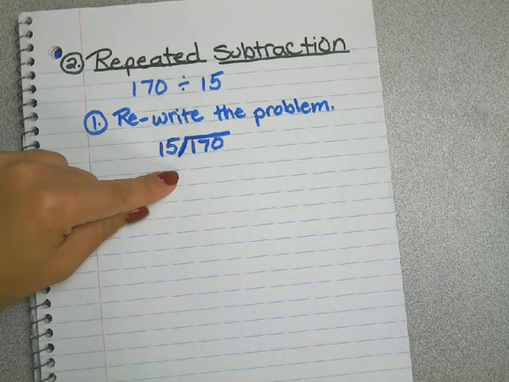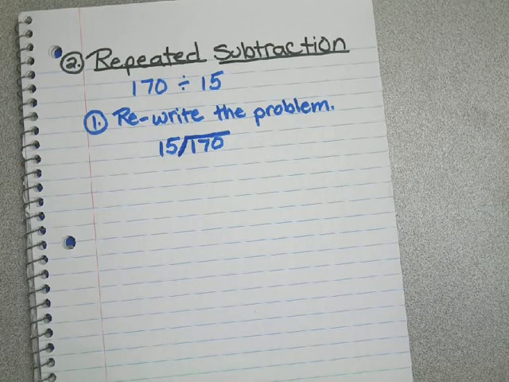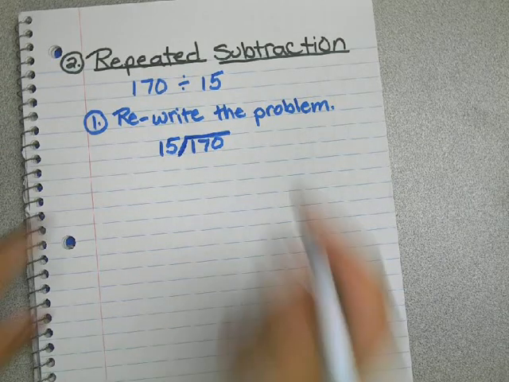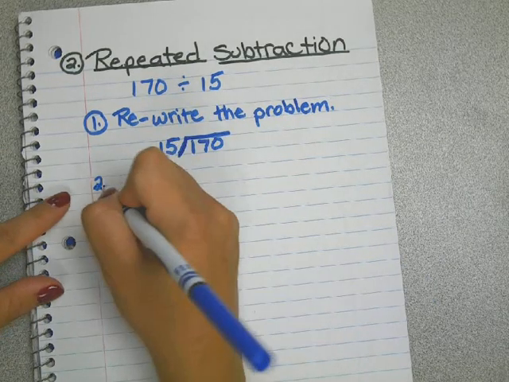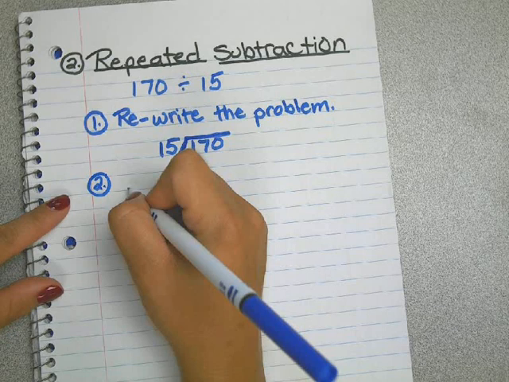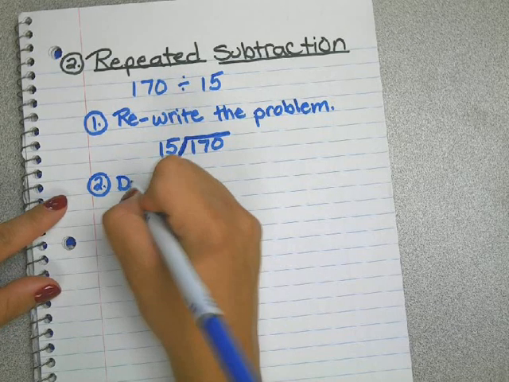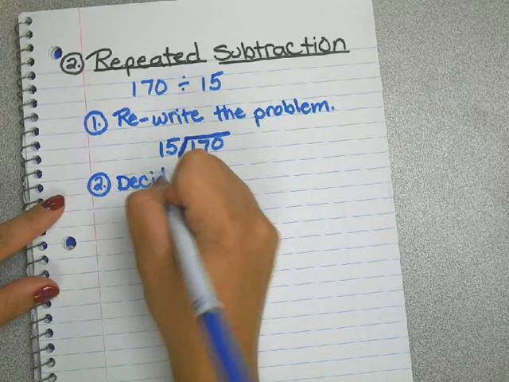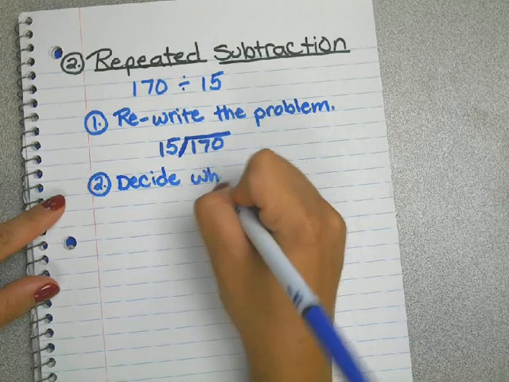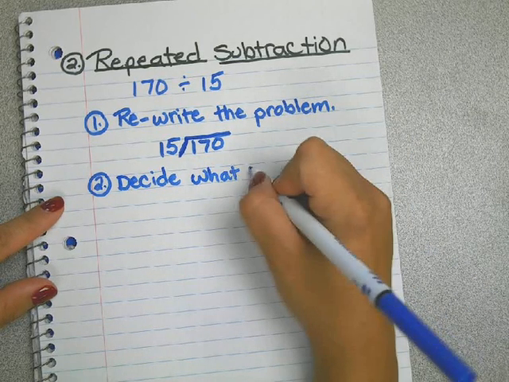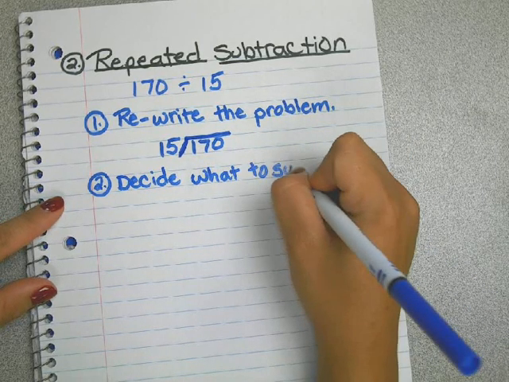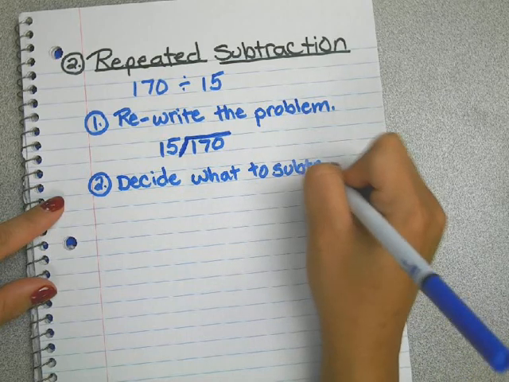Step 2 is we have to decide what we want to subtract. And we're going to subtract groups of 15. So, step 2, decide what to subtract.